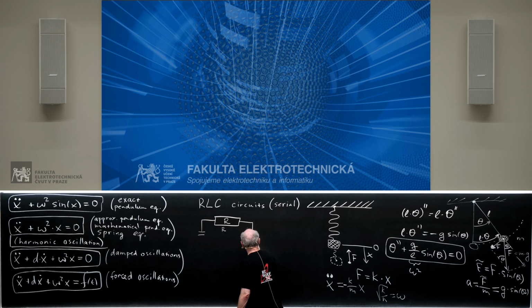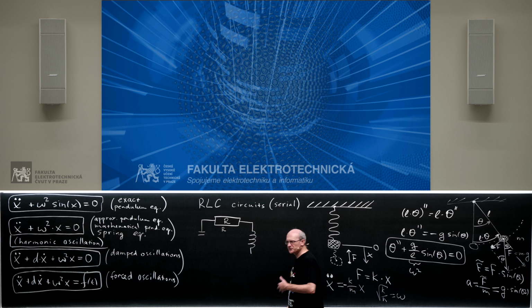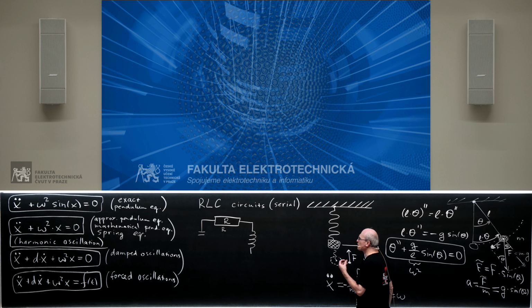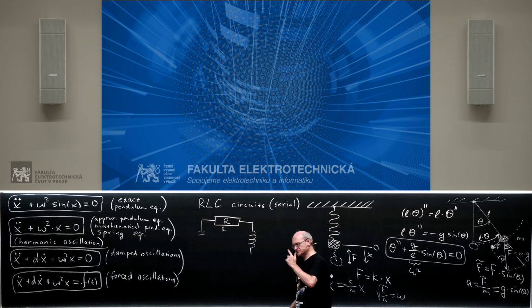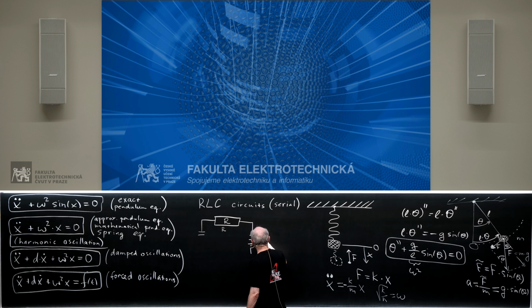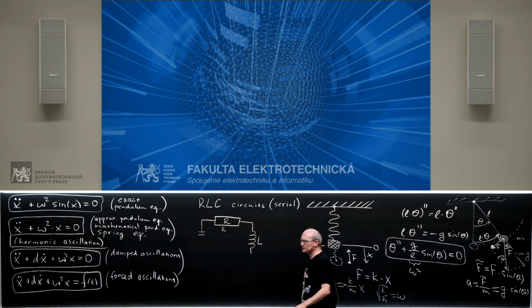But this is not really a spring, or we do not perceive it as a spring, we see it as a coil. So we've got a wire, which is drawn like that, and this is traditionally denoted L. This is called inductance, if I remember correctly my physics, and it's measured in, well, henries, I believe, something like that.